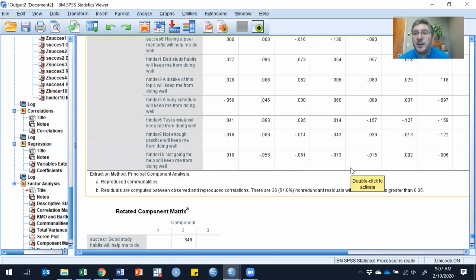I think some different rules of thumb. I think Field in his stat book says that his rule of thumb is that you want at least 50% of your residual correlations to be less than 0.05.